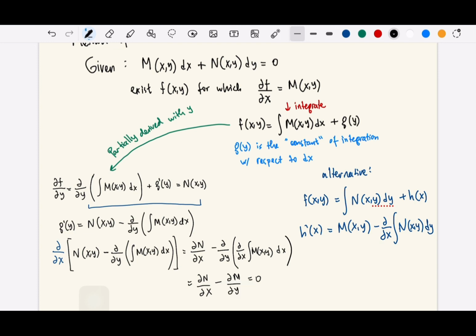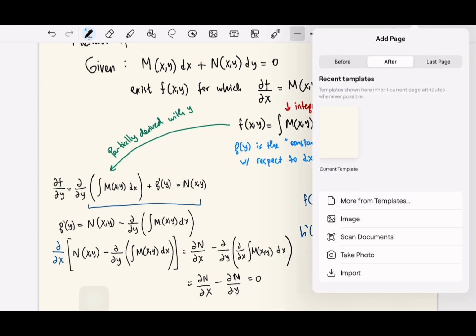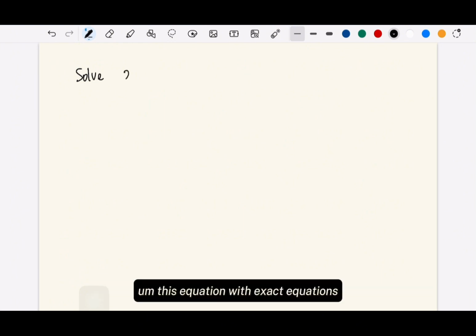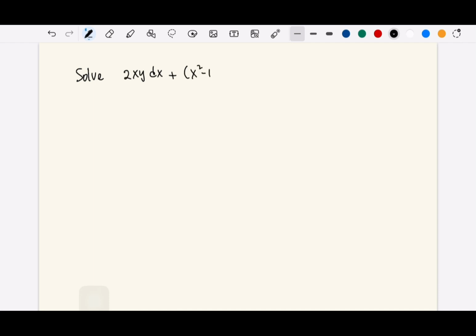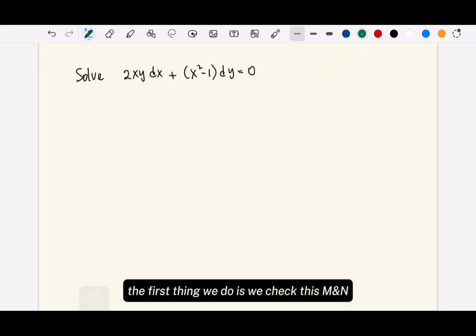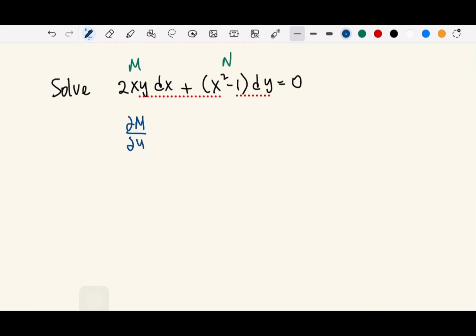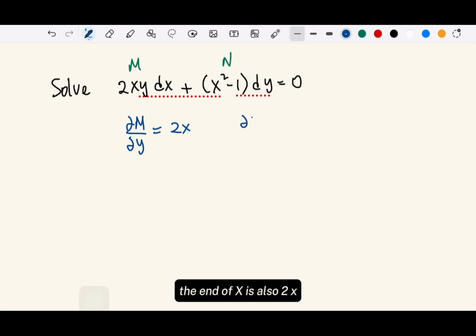Okay, let me write. So let's suppose that we are going to solve this equation with exact equations. The first thing we do is we check this m and n, and we take the derivative partially on both sides. So dou m dou y is 2x, and then dou n dou x is also 2x. So they are exact.